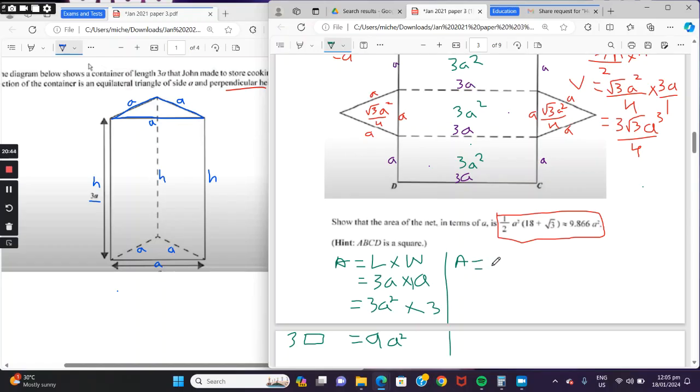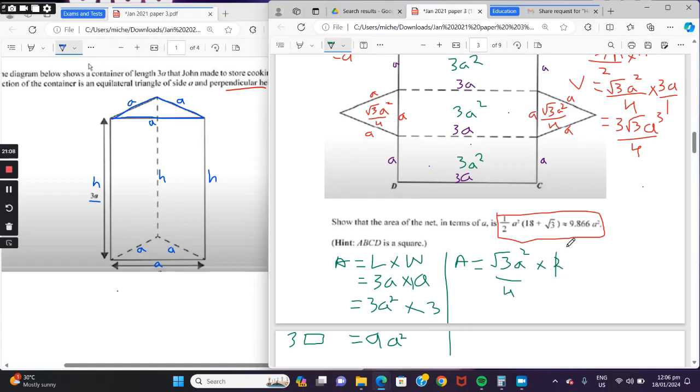So if the area of one triangle is this, we can multiply. An easy way to do it is to multiply this by 2. That's the fastest way to do it.